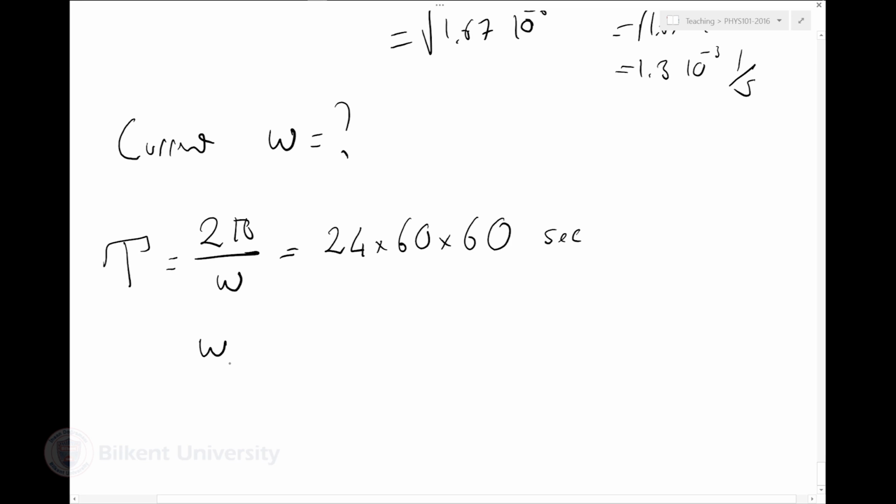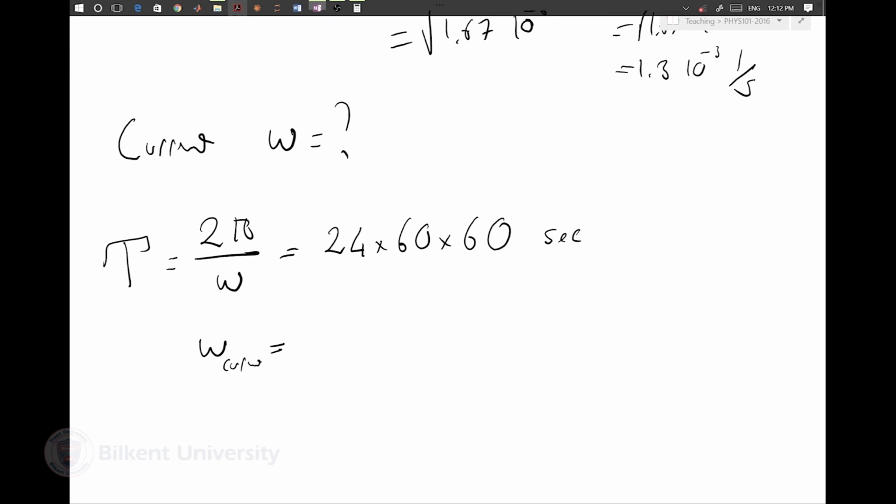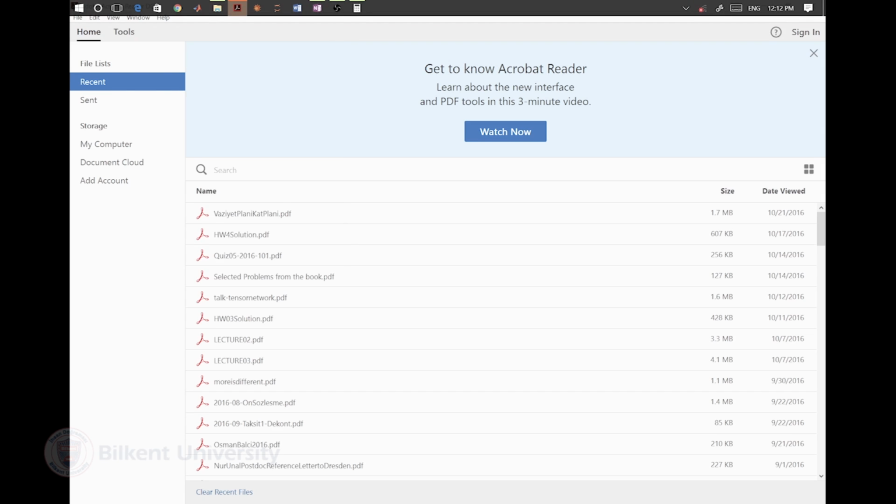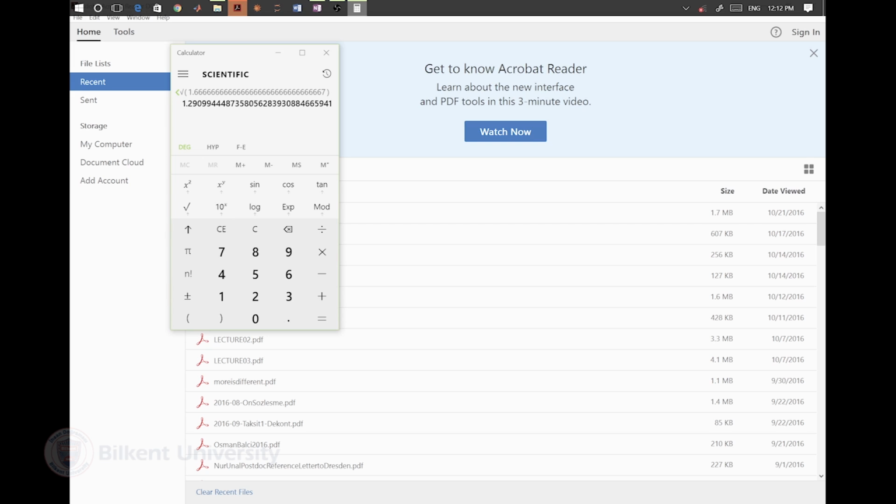Omega current is, okay, let's clear everything. 2 times pi divided by 24 hours divided by 60 minutes divided by 60 seconds.